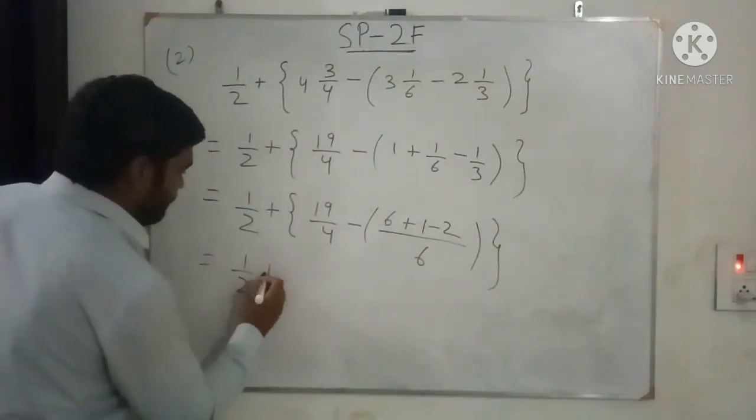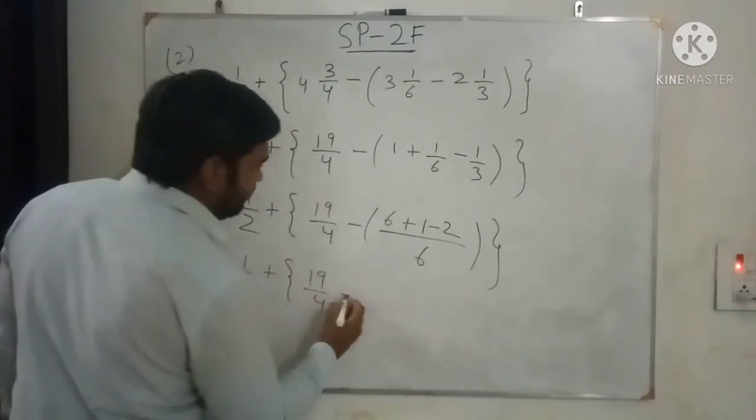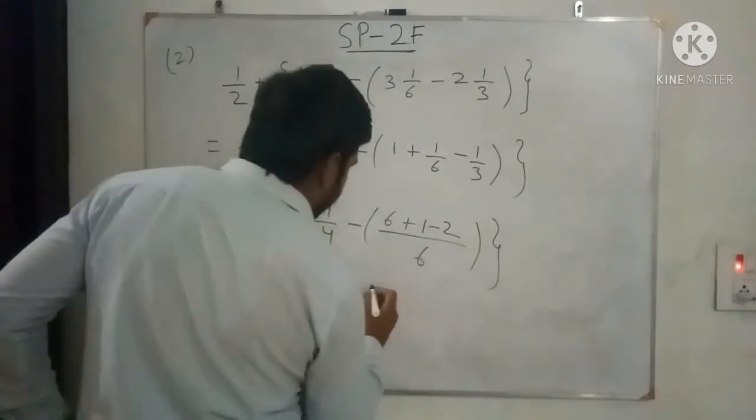Now 1 by 2, 19 by 4. 6 plus 1 is 7, minus 2, 5. 5 by 6.